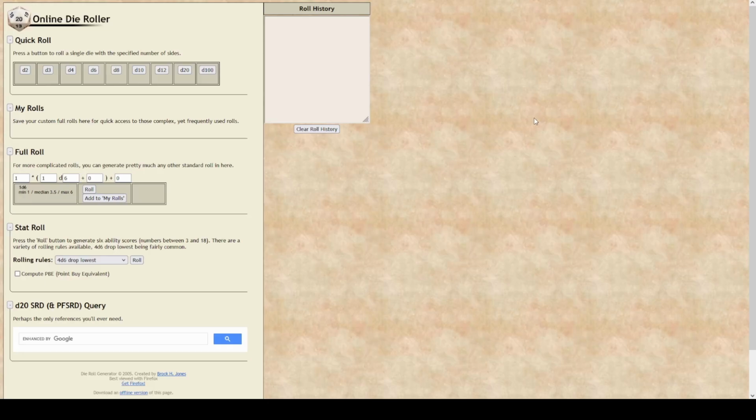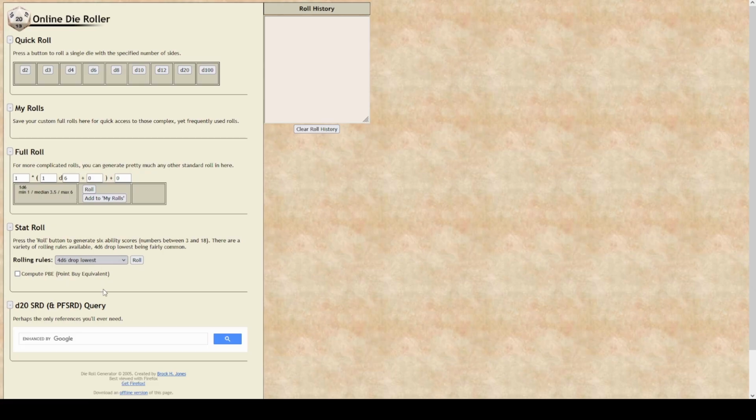If you don't want to do that, Brock Jones Dice Roller is fantastic. It allows you to roll dice, make complex dice calculations, do stat rolls just by hitting a button.